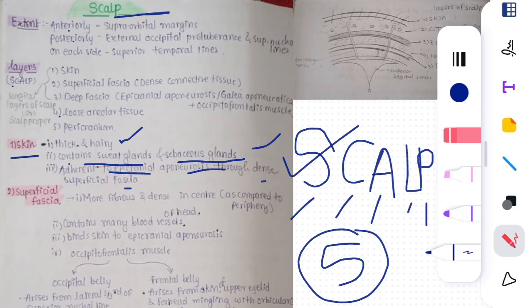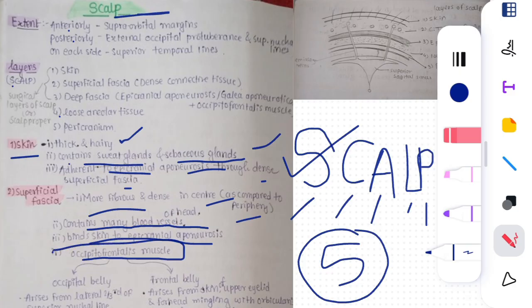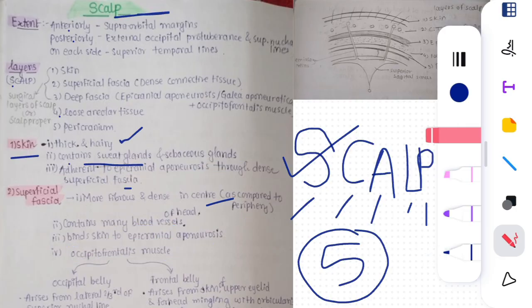It is more fibrous and dense in center, and it contains many blood vessels of head, binds skin to epicranial aponeurosis, and occipitofrontalis muscle is present, which has two bellies, from front and back, occipital belly and frontal belly. You can see in the diagram. Wait for that. First we will see the layers of the scalp.